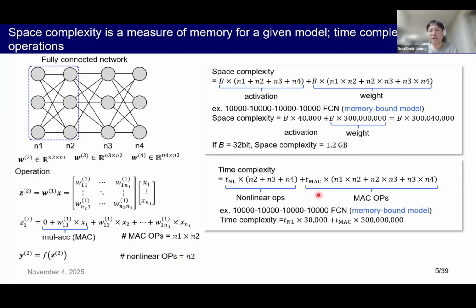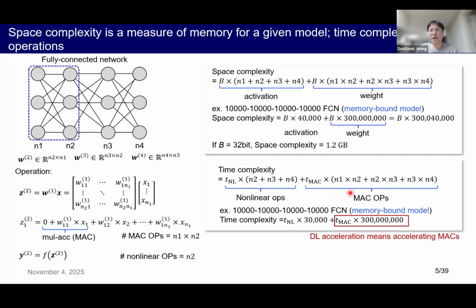You can see that for the same model, you can tell the time complexity is this much. So the total time complexity is determined by this MAC operation, which is a result of the weight matrix and the input vector.